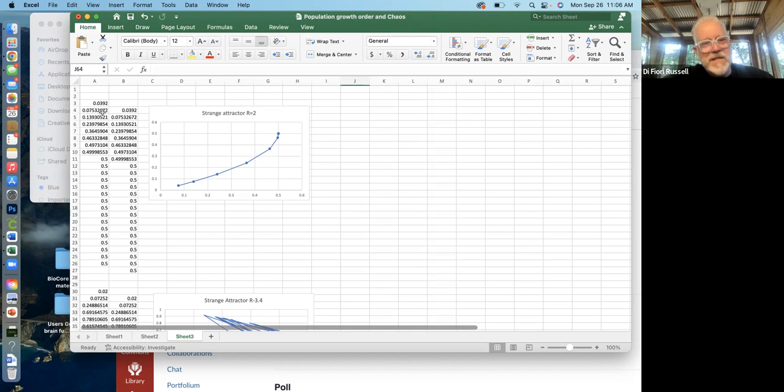So I've taken the column of numbers, and then the next column of numbers, I shift down one, so that each X,Y point has x as the value at time t, and y as the value at time t plus 1. So I'm graphing the incremental changes in the system.